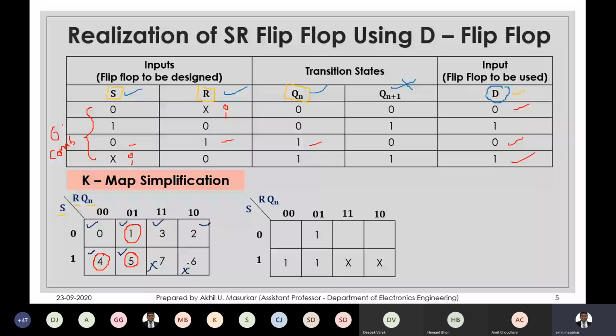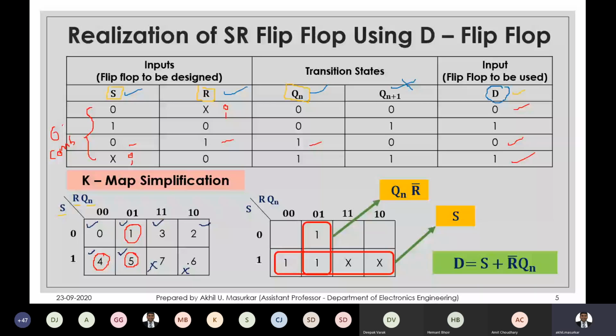So this will give me S, and this will give me R bar Qn. So D is equal to S plus R bar Qn. What I will suggest is you can write only this K-map. No need to write the first one.